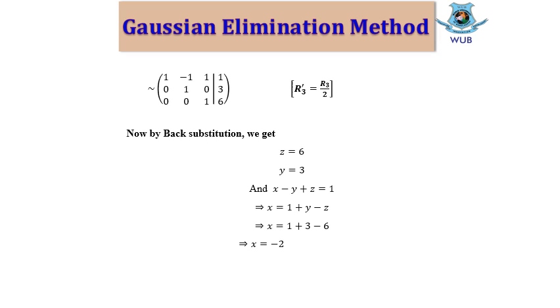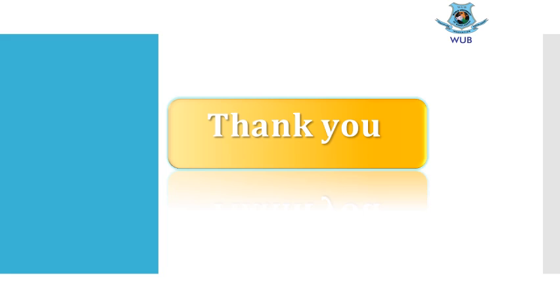So we have to simplify this, and from the first row we get x minus y plus z equals 1. We already know the values of y and z, and we finally get x equals minus 2. So our desired solution is x equals minus 2, y equals 3, and z equals 6.